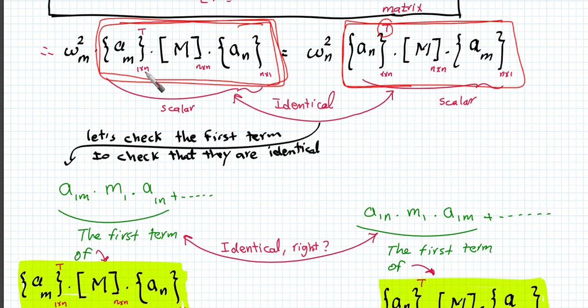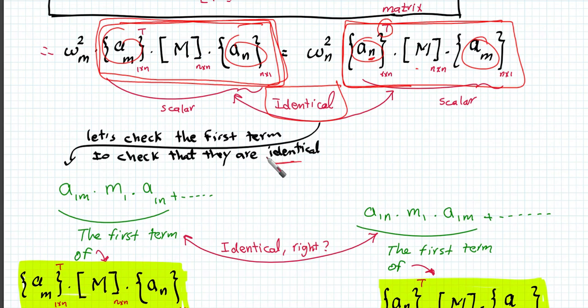If you look here, you're going to tell me that this is AM transpose times the mass matrix times AN, and it is different from AN transpose times M times AM. This is different and this is different. We might have different values, but they are not. They are identical. How? Let's check.